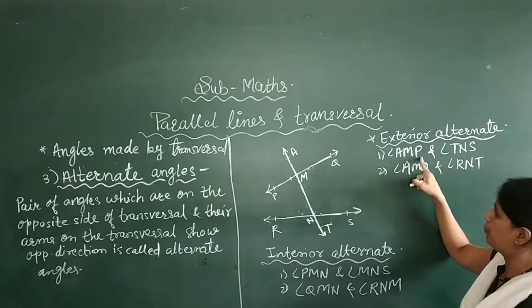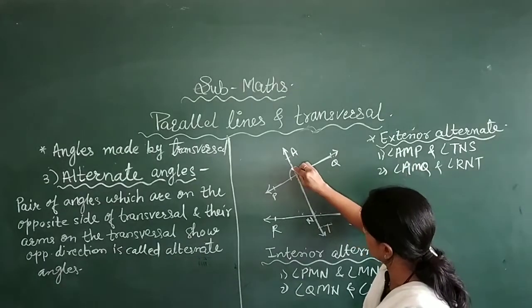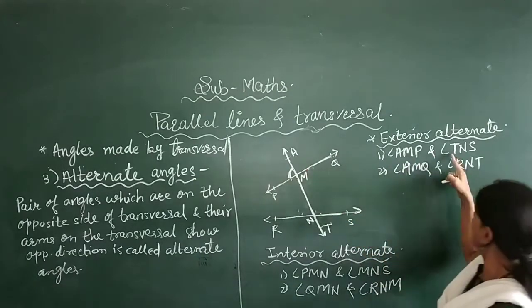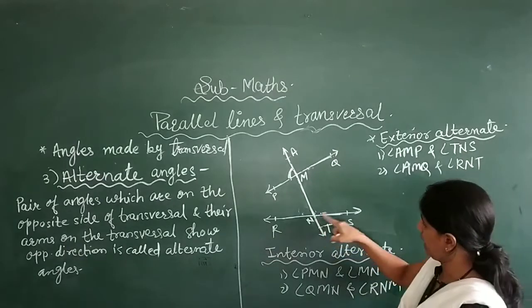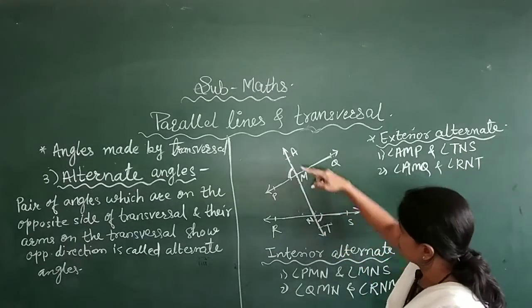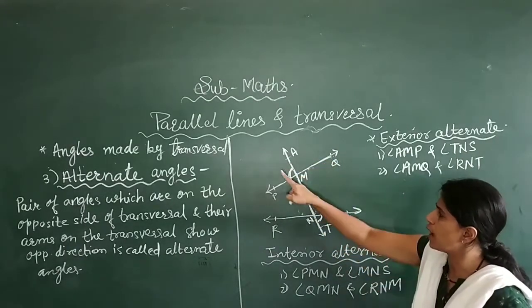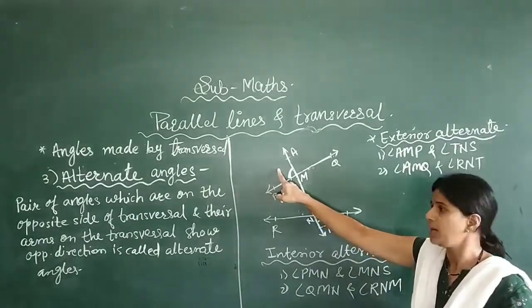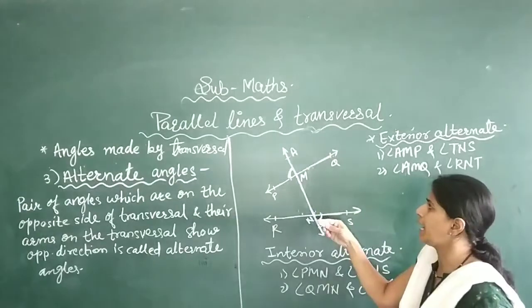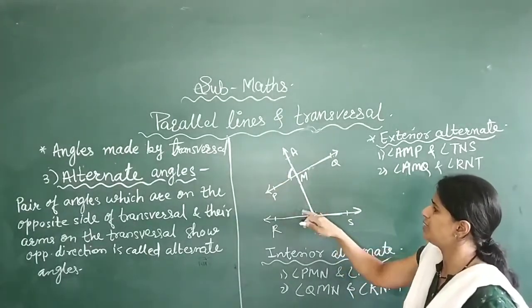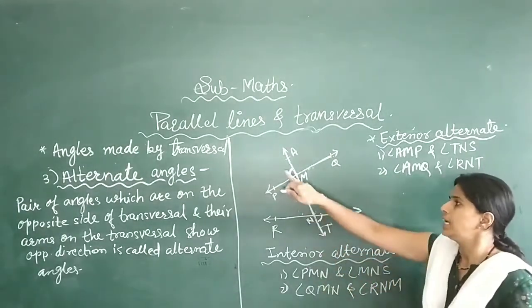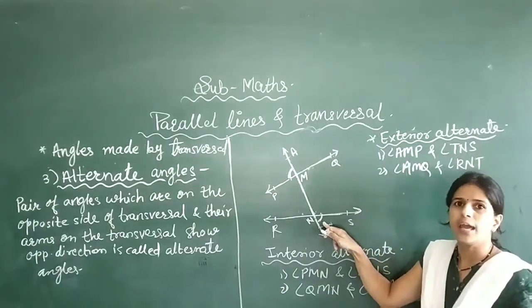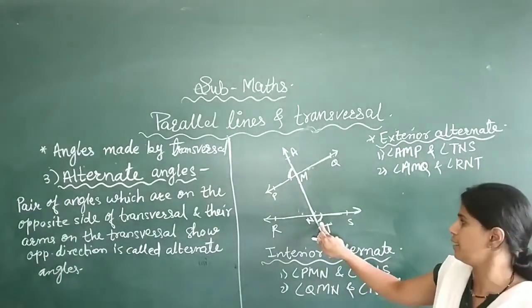See, AMP and TNS means this. These two angles are on opposite sides, and outside. They are not inside. For that reason, these two angles are called exterior alternate angles.